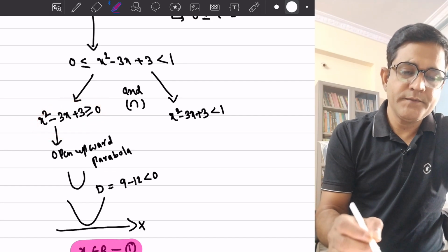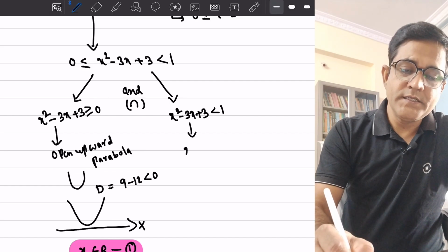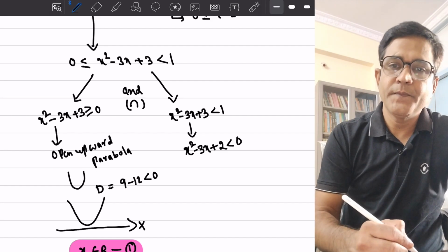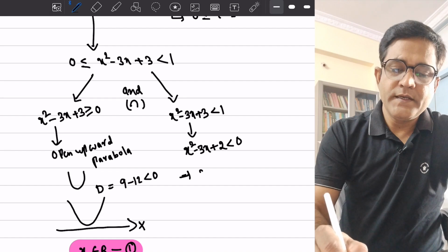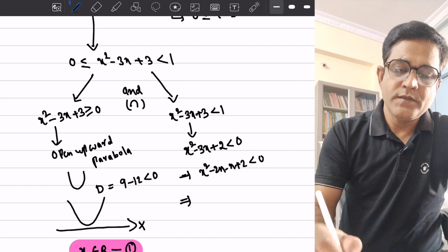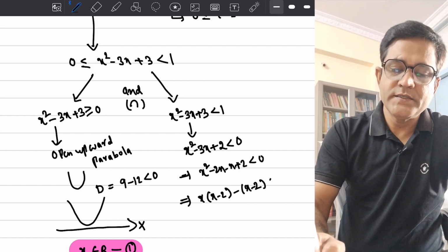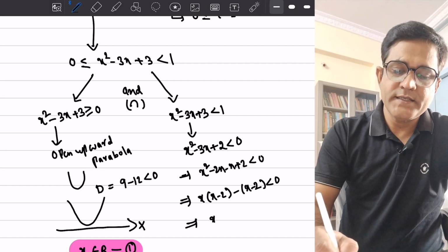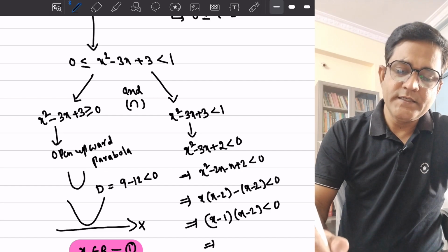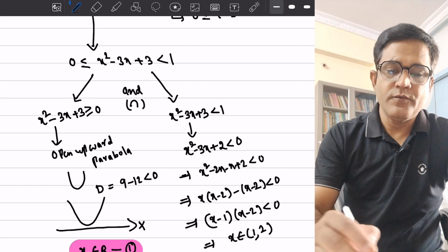Now, the second part: we solve the inequality x² − 3x + 2 < 0. This implies x² − 2x − x + 2 < 0, that implies x(x − 2) − 1(x − 2) < 0, that implies (x − 1)(x − 2) < 0. Since it is less than 0, x lies between the roots, therefore x belongs to the open interval (1, 2).